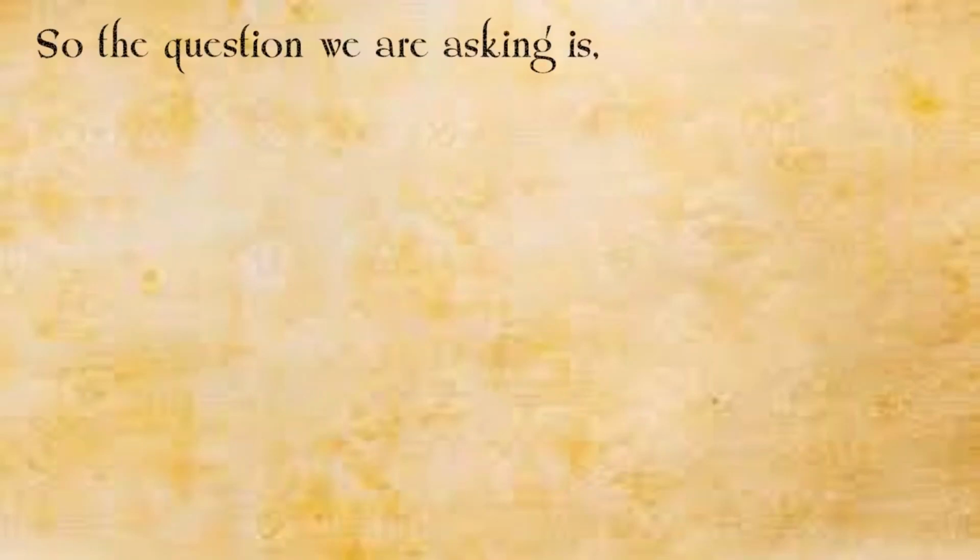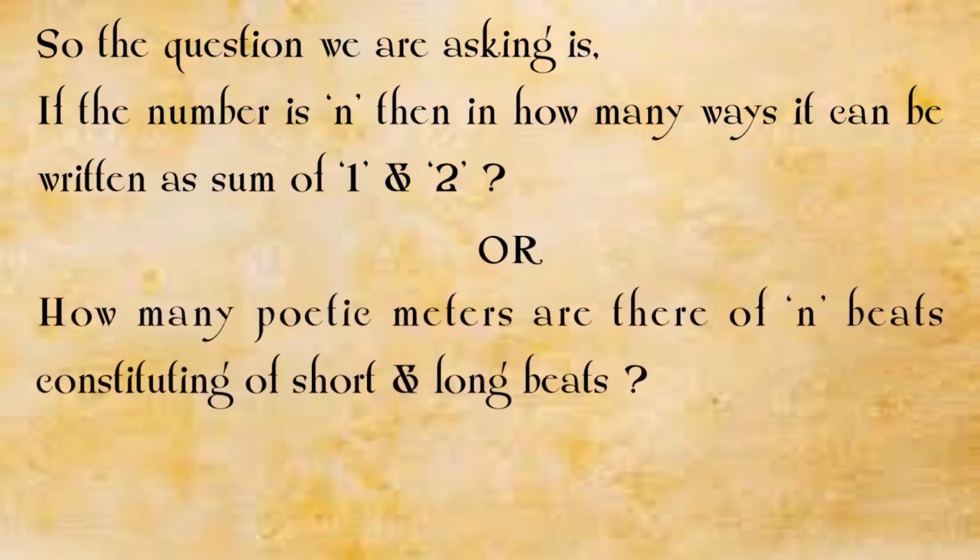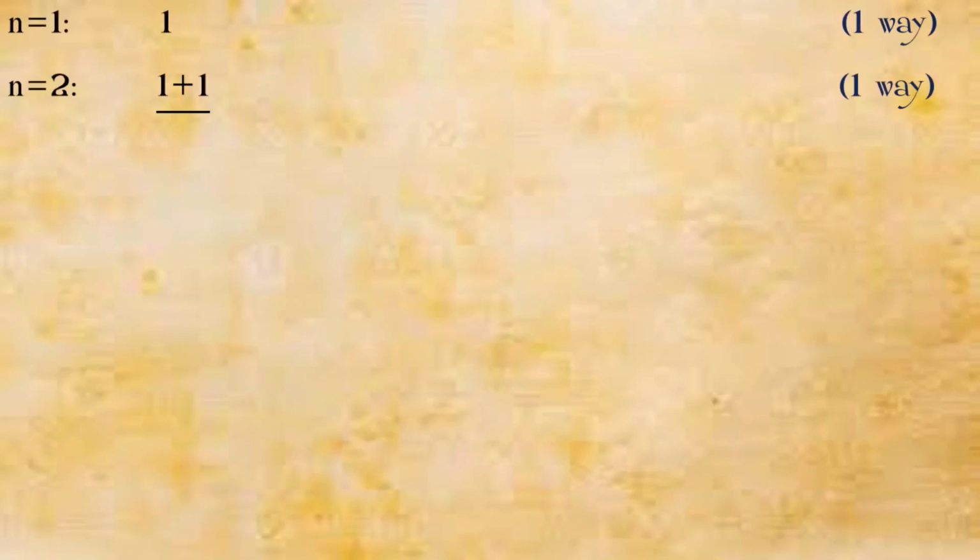So the question we are asking is, if the number is say n, then in how many ways can it be written as a sum of 1 and 2, if you remember, short and long beats? Or how many poetic meters are there of n beats constituting short and long beats? If n is 1, there will obviously be one way.